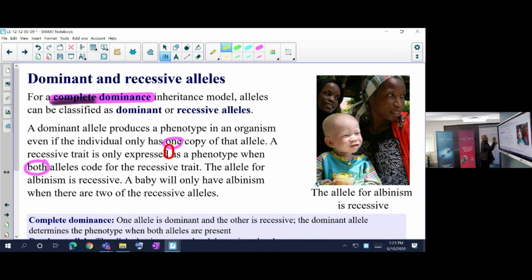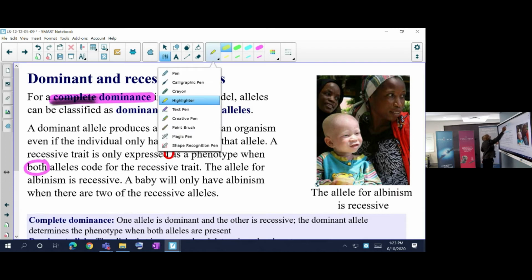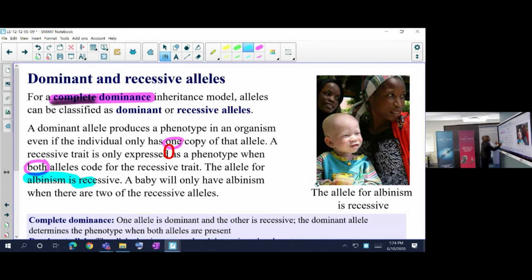So in my example there, the child is carrying two recessive albinism alleles as the genotype for him to be phenotypically an albino.